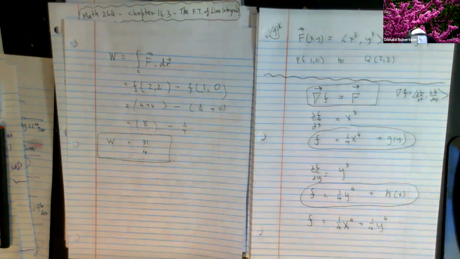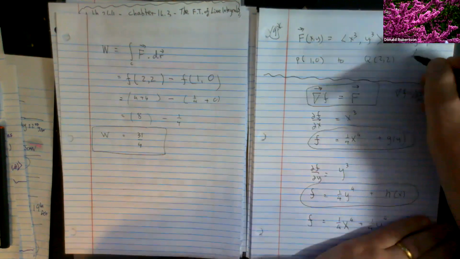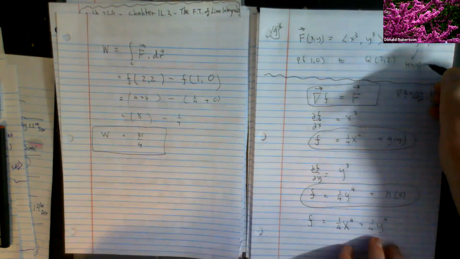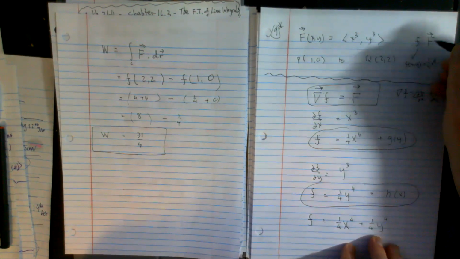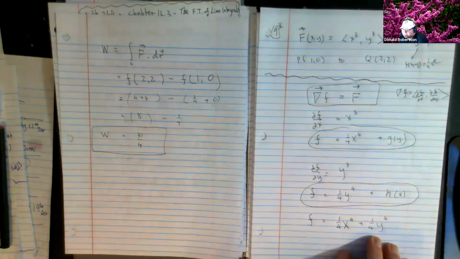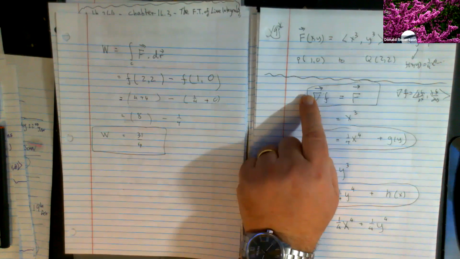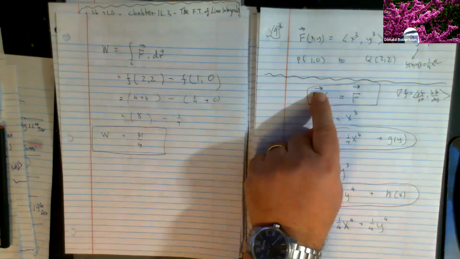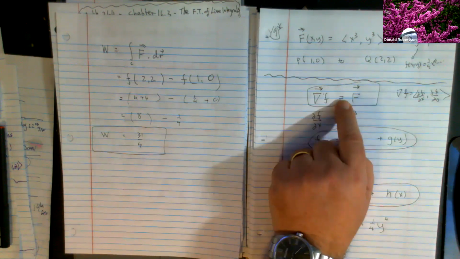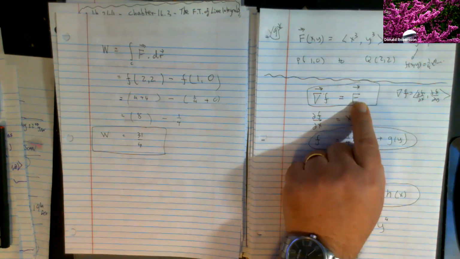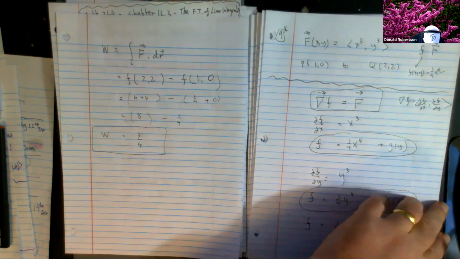The little f is a potential function, and it's a scalar function. It ends up being things like a quarter x to the 4 and some stuff. This one here is a vector function, so they're not even the same thing. What I did right at the start is that the gradient of this unknown function that we've still to find, little f, is equal to the vector function.